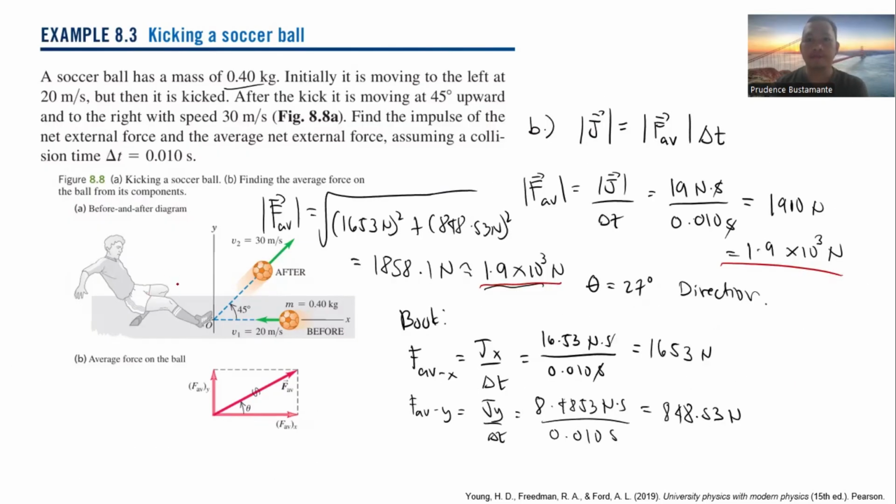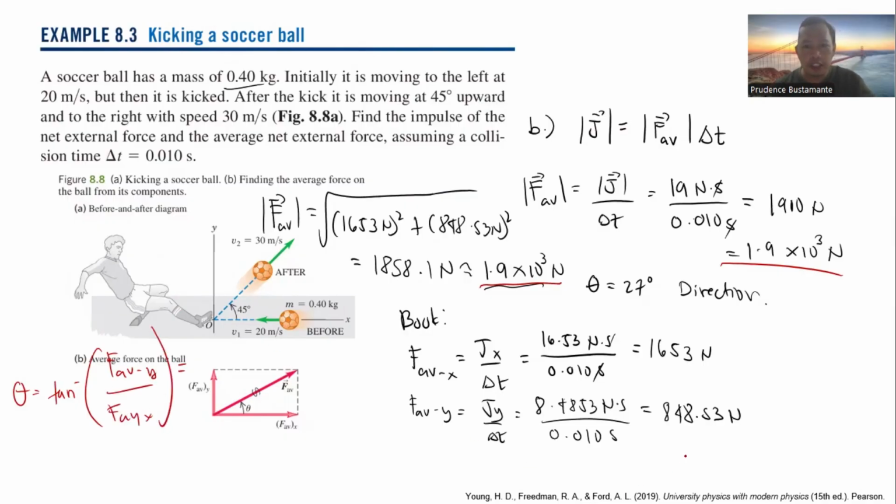Here, what you do next, if you want to find the direction theta, is theta equals the inverse tangent of F average along y over F average along x.